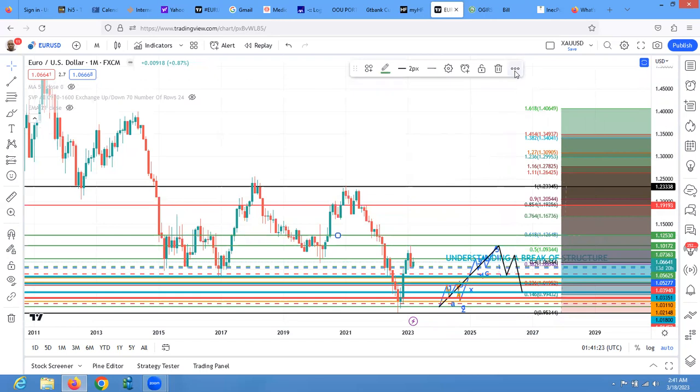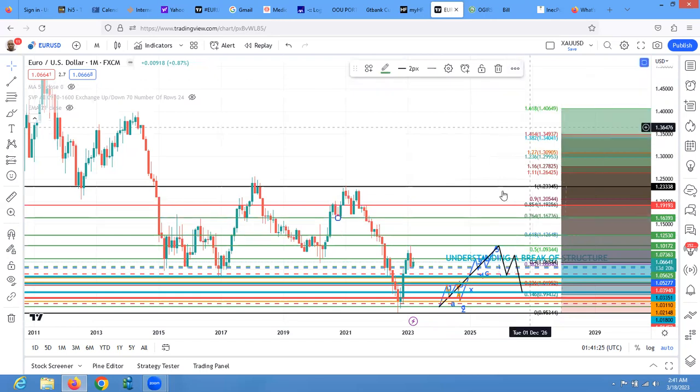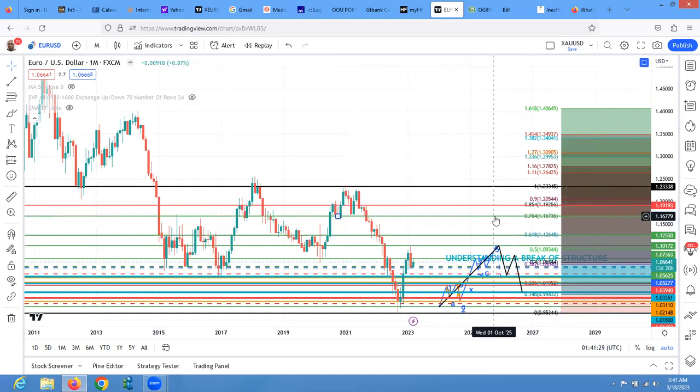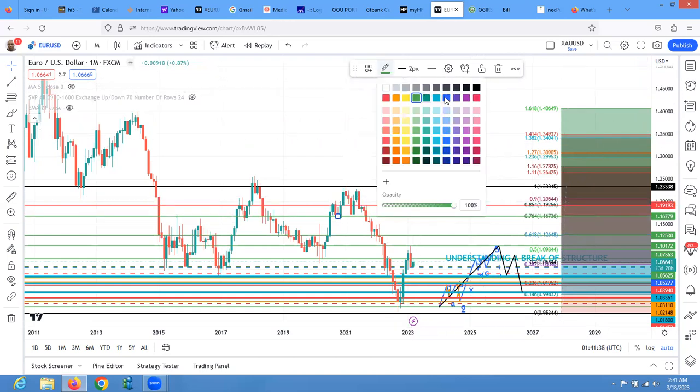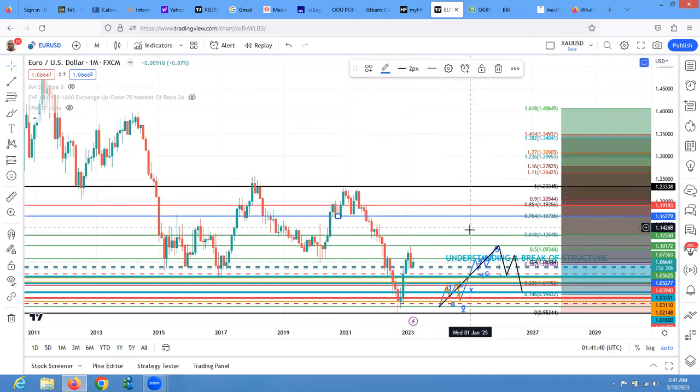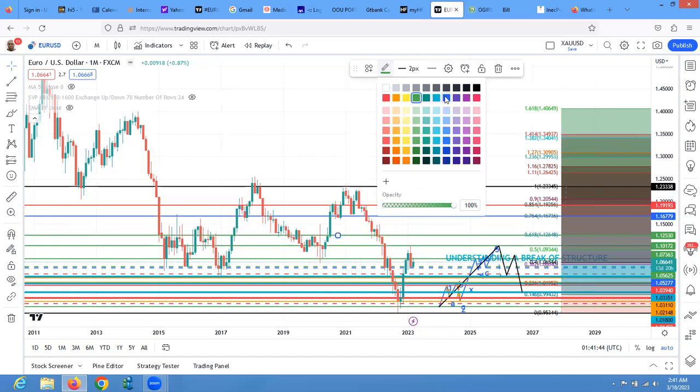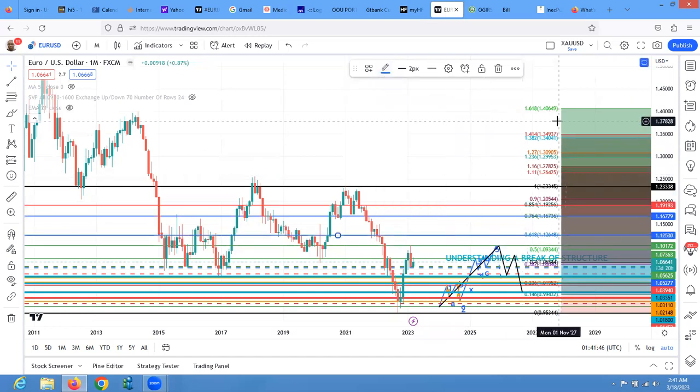So our blue zone would be between these two, for wave 2 to get to after correcting. But not beyond here.